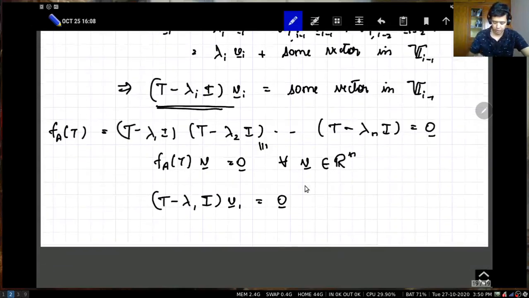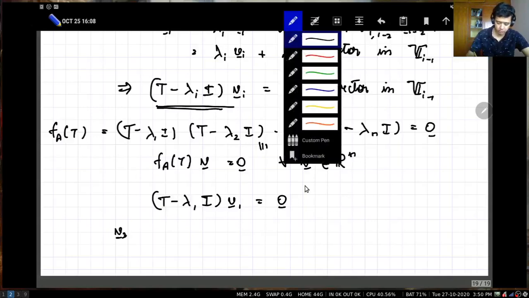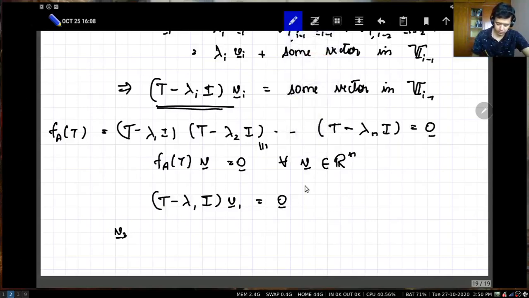Let's see why that is the case. Let's take a simple example. Let's look at v3. So we multiply this entire polynomial over here with v3.